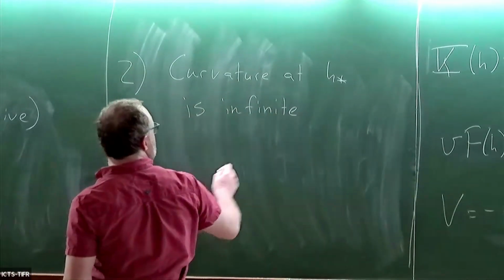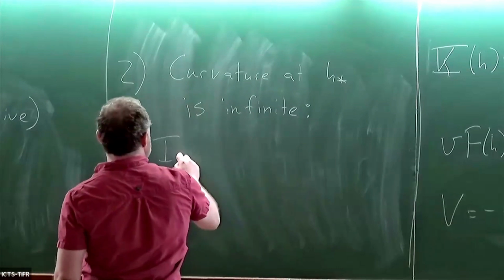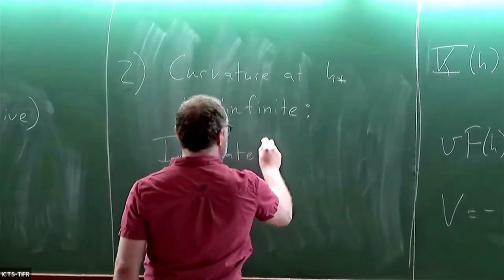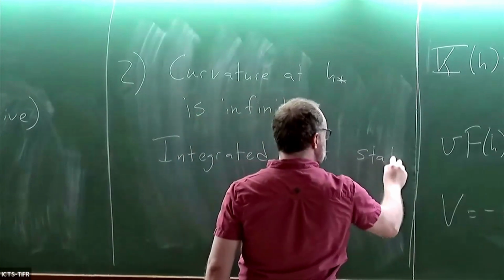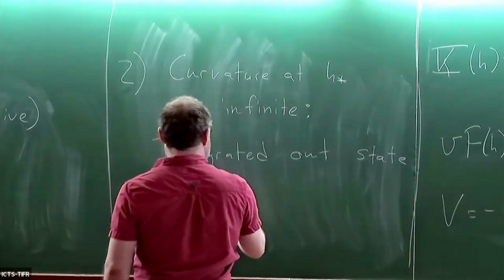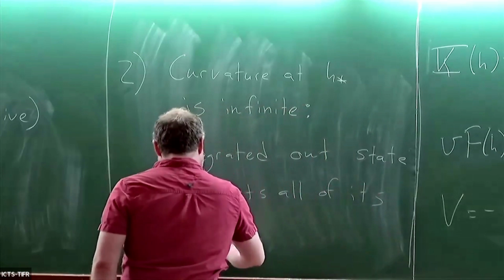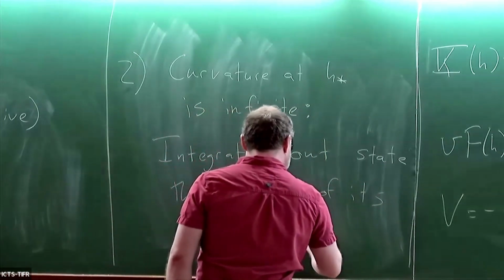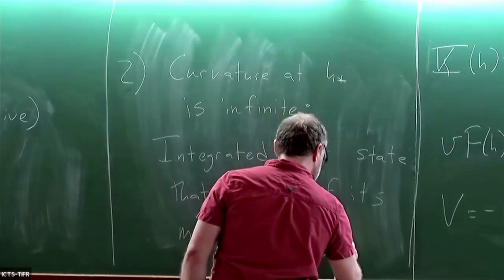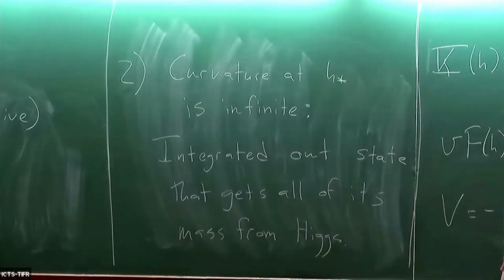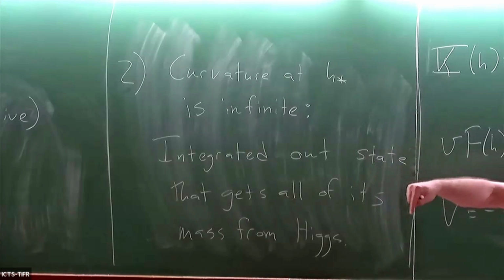And this corresponds to the physical case where we integrated out a state that gets all of its mass from the Higgs. And again, I'll say it for the third or fourth time, that means that at the origin of field space, what we did was integrate out a massless particle that only gets mass when we go to the physical vacuum, where it's legitimate to integrate it out. Okay?